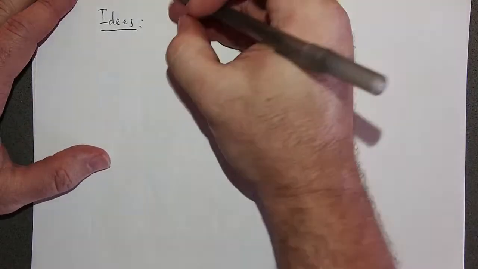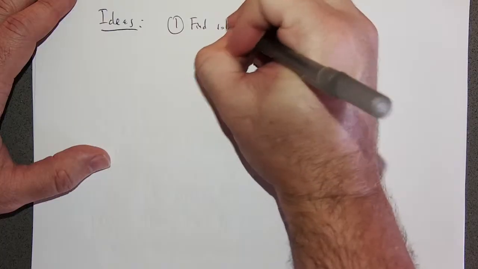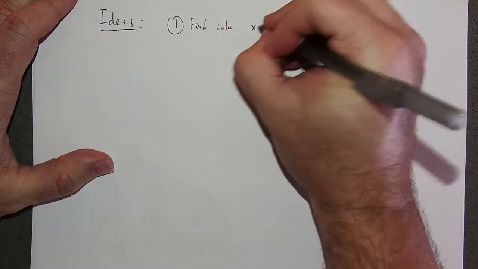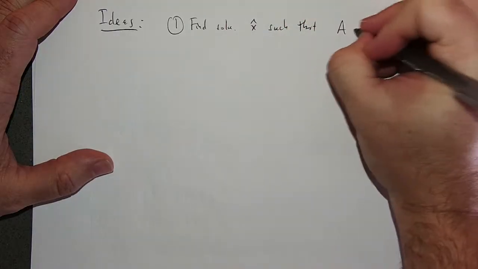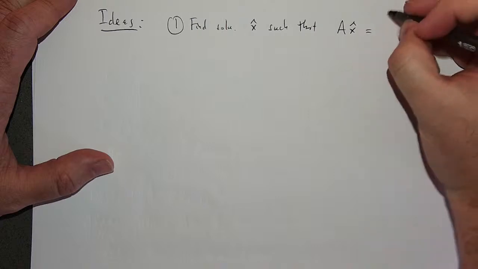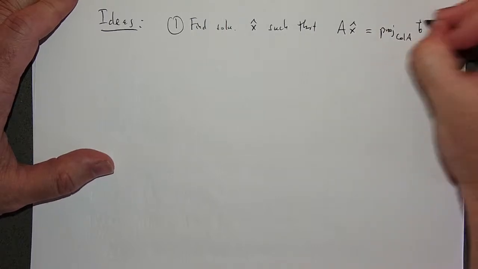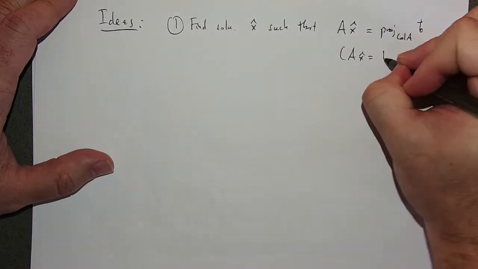Okay. So maybe we'll start out. So one, find a solution, we'll call it x hat, such that A x hat is equal to this projection onto the column space of A of the vector B, or A x hat equals b hat is a slicker way of writing it.